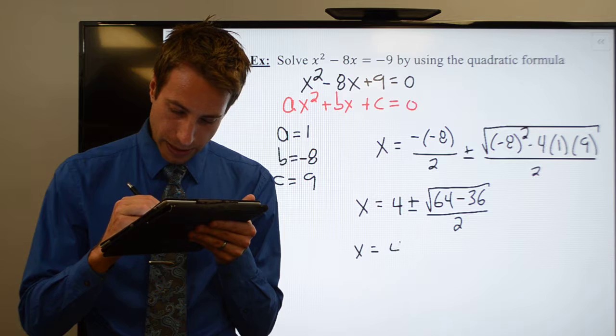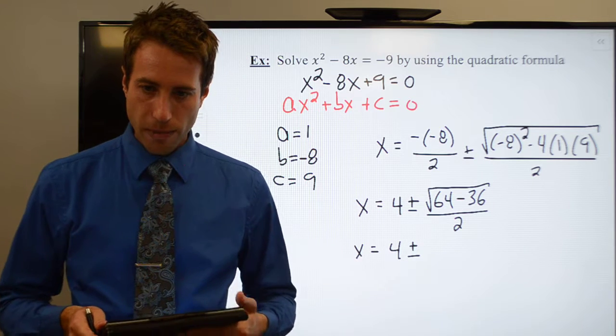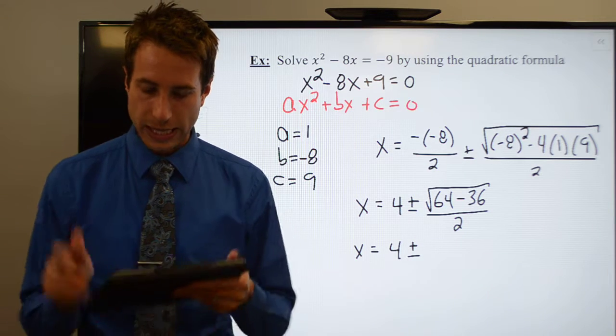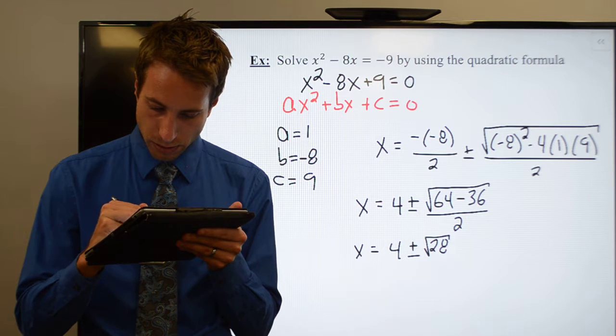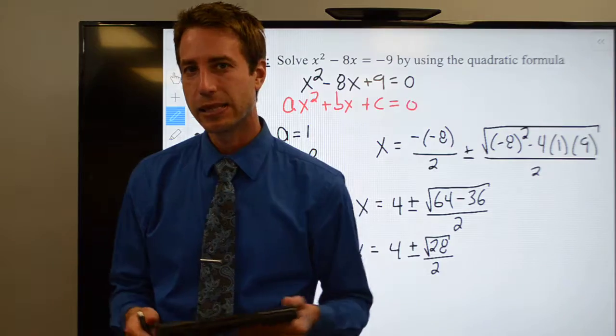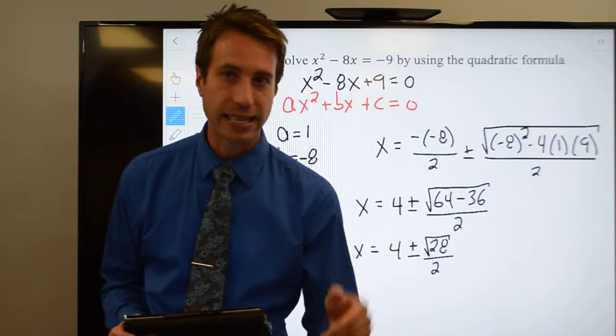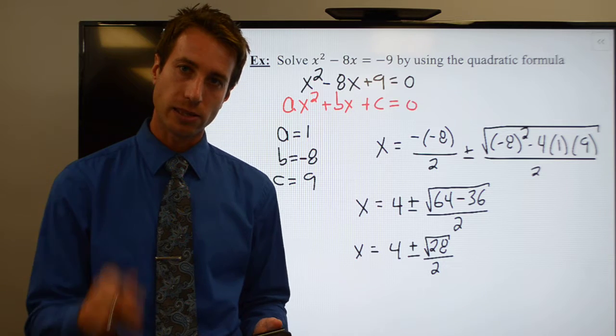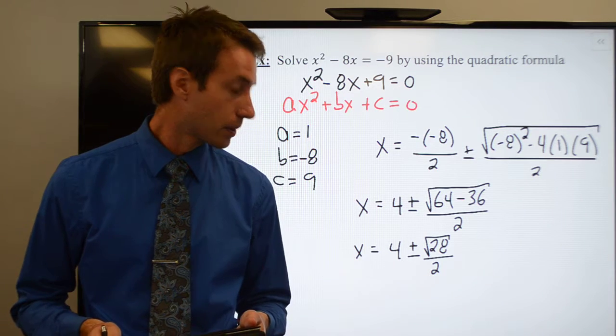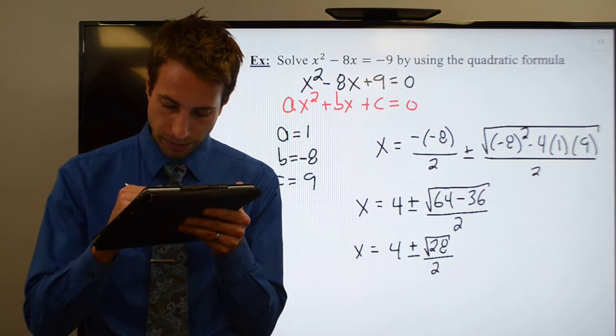All right, so here's what happens. 64 minus 36 gets you 28. Now, 28 is not a perfect square, but that's okay. I can think of two numbers that multiply to 28, and one of them is a perfect square. Turns out to be a 4 and a 7.